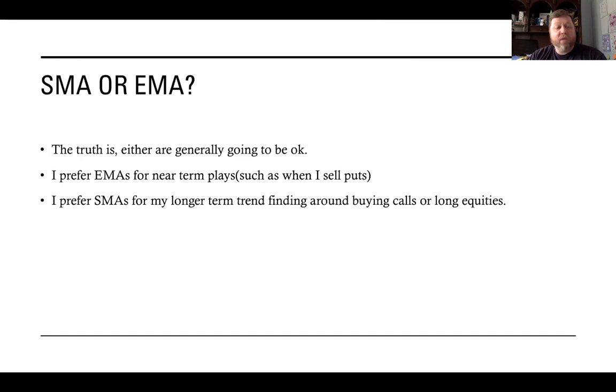But I would say to delineate as simply as possible, I prefer EMAs for near-term plays. Again, if you follow my selling put strategy, I use EMAs to find near-term directionality or resistance and support levels because I only trade 1 week out from when I make those trades. I, on the other hand, prefer SMAs for my longer-term trend finding if I'm doing things like buying calls or LEAPS for that matter, or even if I'm just looking to go long on certain equities.